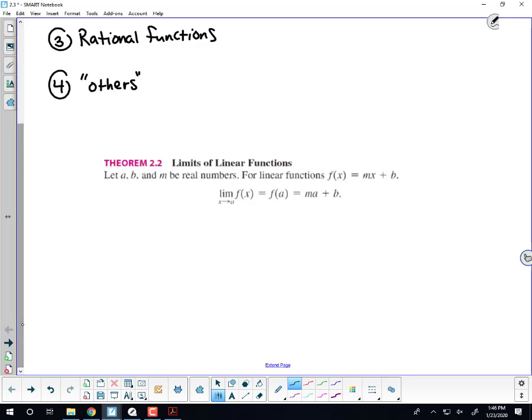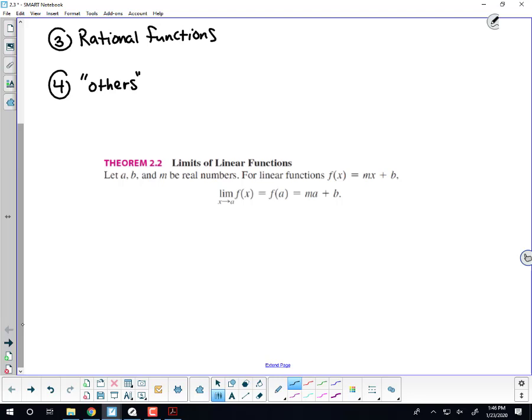The first thing we address is a theorem, and it says that if we compute the limit on any linear function, the limit as x approaches a of f of x, where f of x is a linear function, is just equal to f of a.